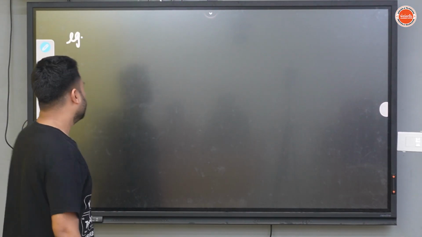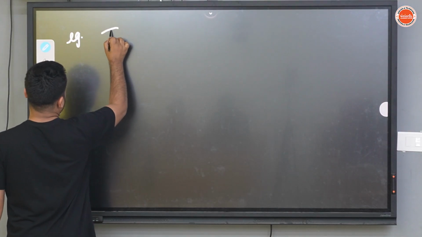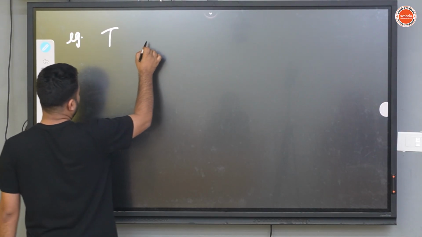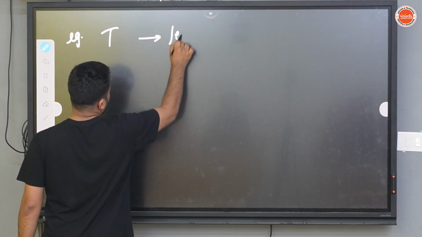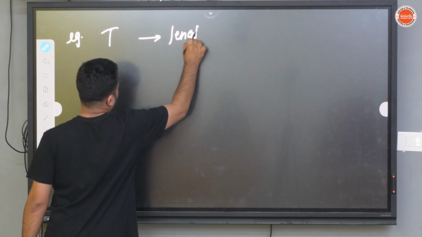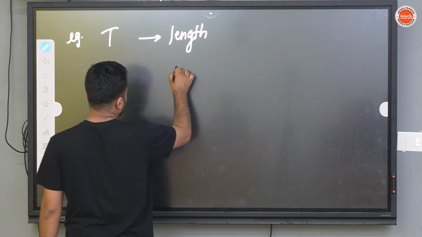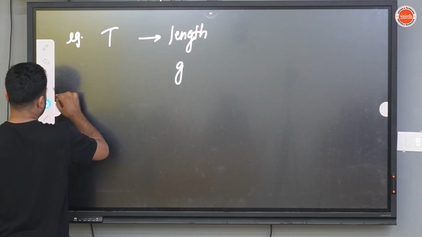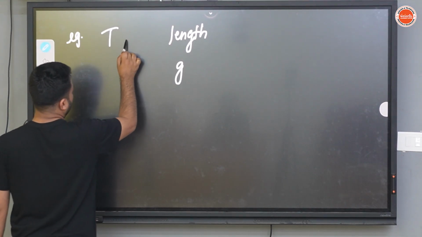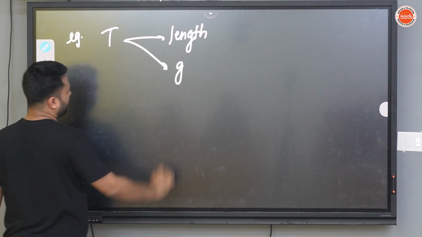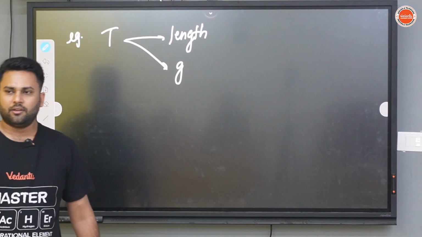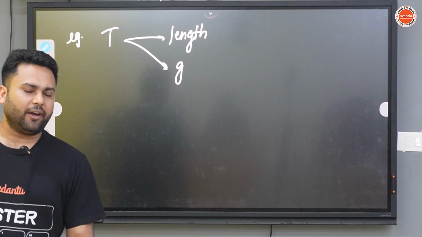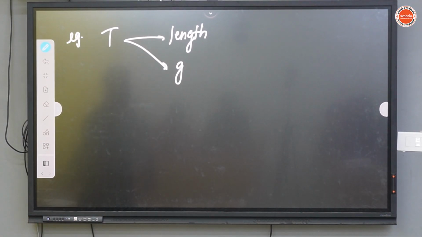You know the pendulum, na? The time period of a pendulum depends upon length as well as G, acceleration due to gravity. Using this information, you have to find the formula of the time period of a pendulum.